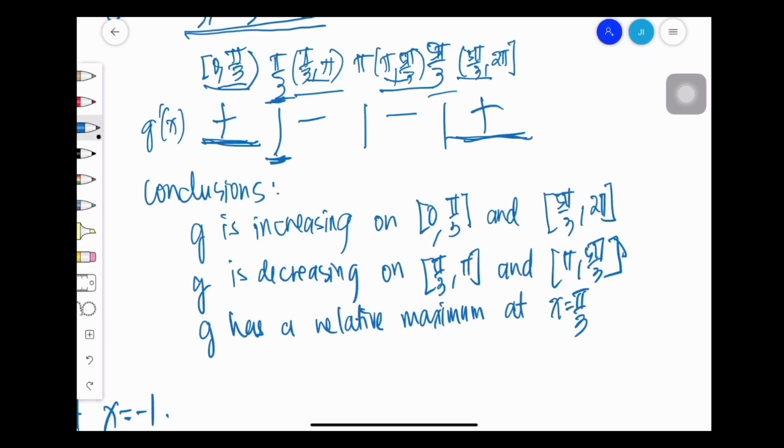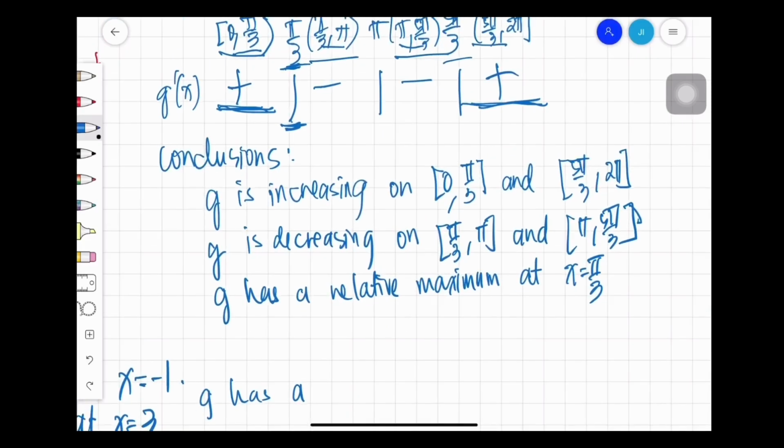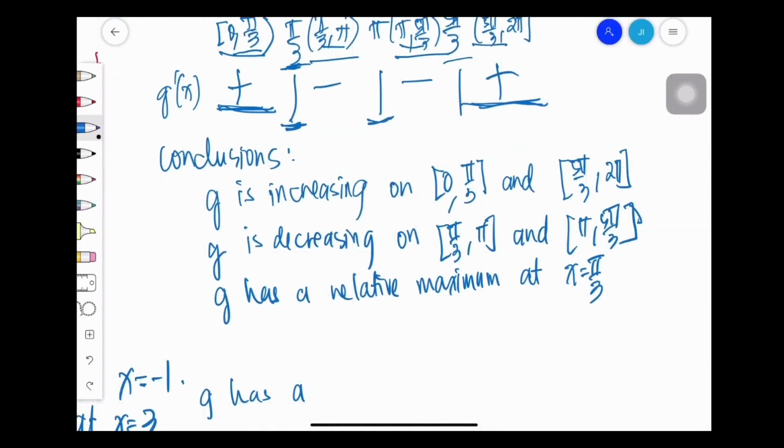And lastly, g has, what do you think? Notice that at this critical number, before pi, the function is decreasing, and after pi, the function is decreasing as well. Hence, if we look at its graph, probably it looks like this. Hence, we have no relative extrema here by the first derivative test.